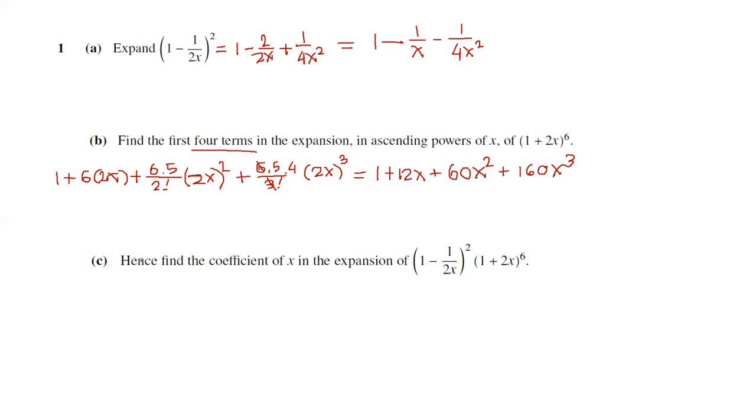C. Hence, find the coefficient of x in the expansion of (1 minus 1 over 2x) squared times (1 plus 2x) power 6. So we will multiply these expressions.